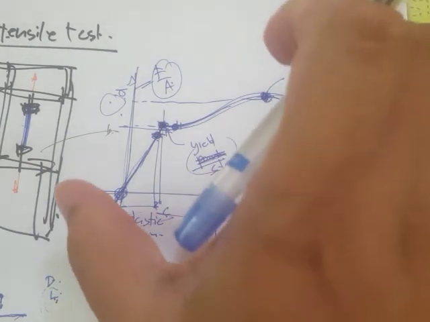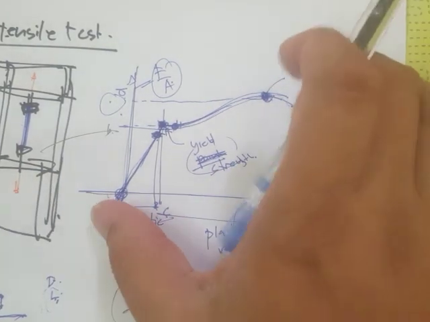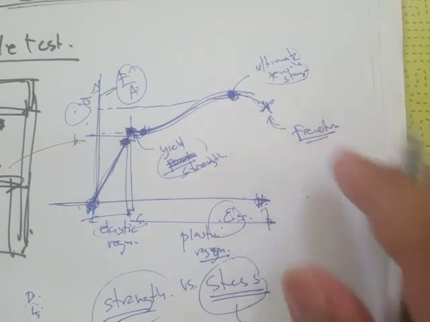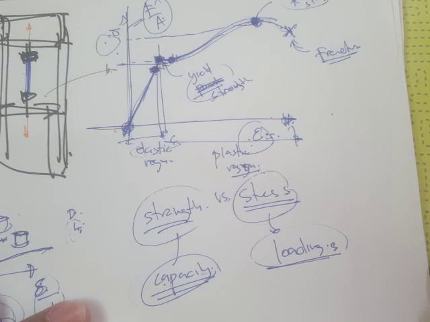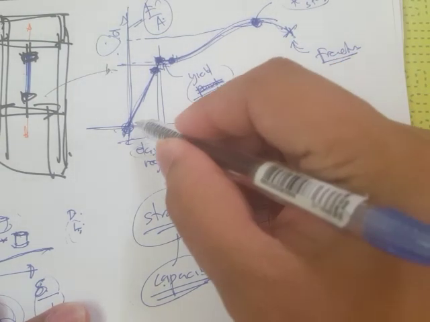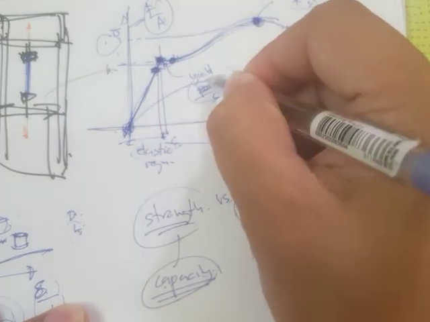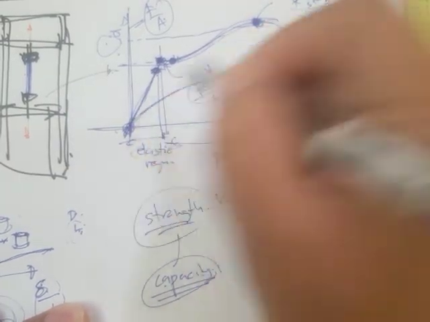So for steel, for example, that's the curve. But it's not always this curve. For other materials like rubber, for example, the stress strain curve would probably be something like this.